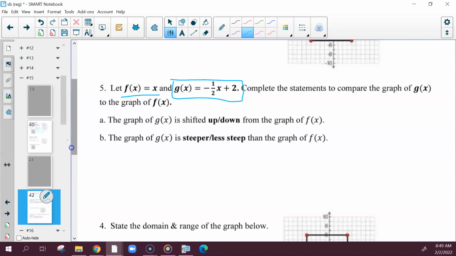When they're talking about shifted up or shifted down, they're comparing the y-intercepts. So you're looking at this y-intercept, which is 0, and this y-intercept, which is 2. And you're looking at how do they differ. Is 2 higher or lower than 0? Higher. So this would be shifted up.